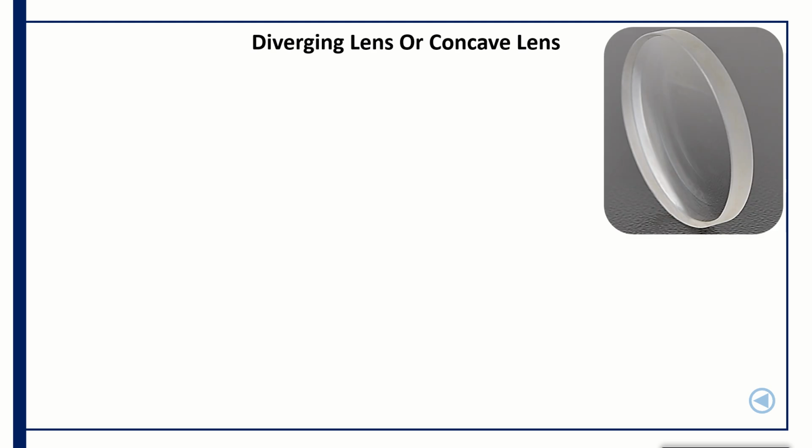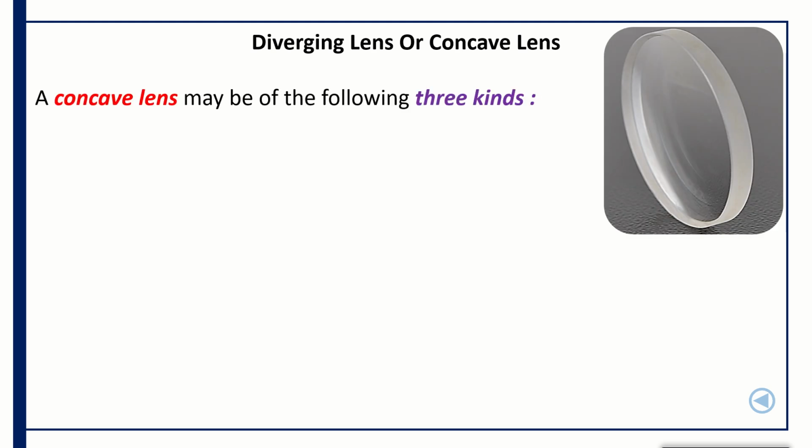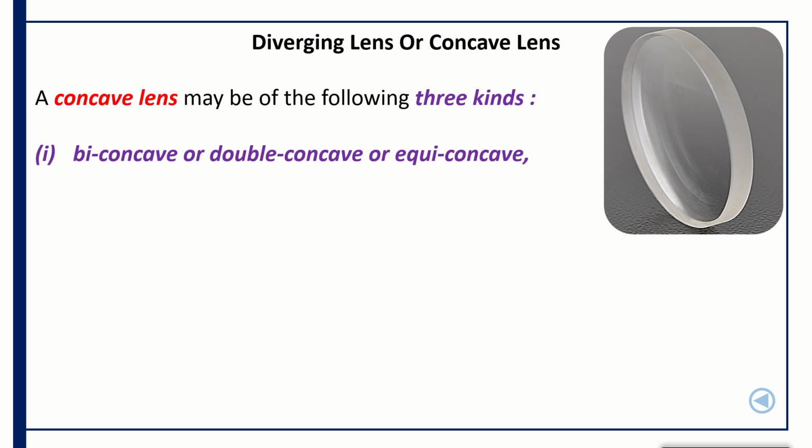Now, what are the different types of concave lens? Like convex lens, concave lenses are also of three different types. They are biconcave or double concave or equiconcave lens, where both the surfaces are concave in nature and they are part of two different spheres and they are attached to each other, and they give a biconcave phenomenon.